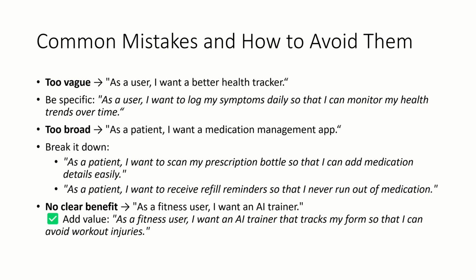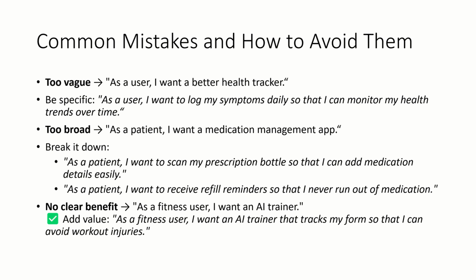Sometimes the benefits shouldn't be too vague or too broad either. For example, some people probably say, as a patient, I want to scan my prescription bottle so that it makes my life easy. This is not a clear benefit.